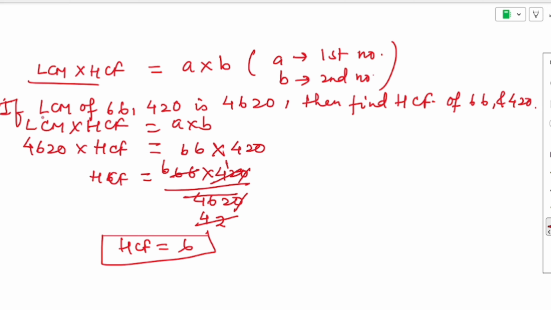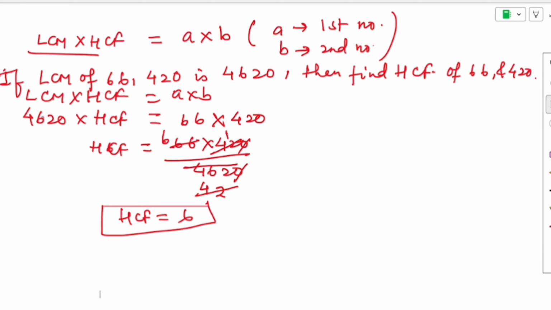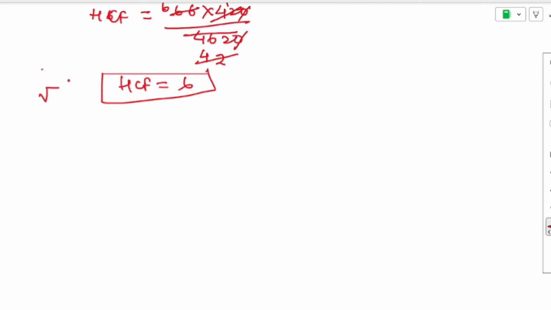One more question which is very important, we have to prove that root 2 is an irrational number.